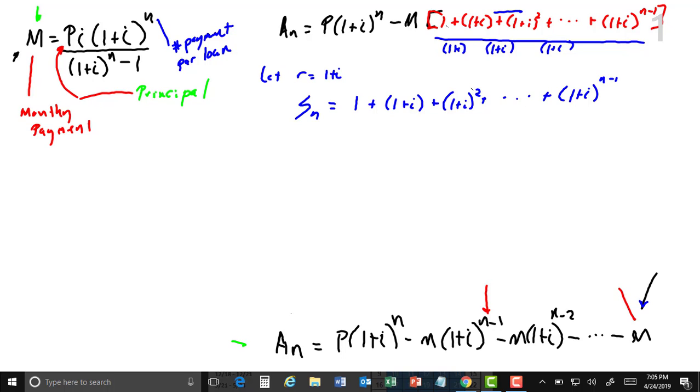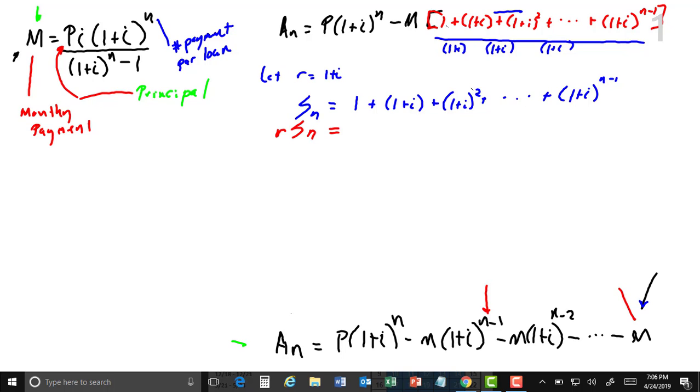Okay, now I'm going to do a little trick here so I can compress everything that's in red into a single smaller equation. I'm going to take r, and then multiply it times the same sum, yes? So if I take r and multiply it times 1, remember I was going to let these be r.